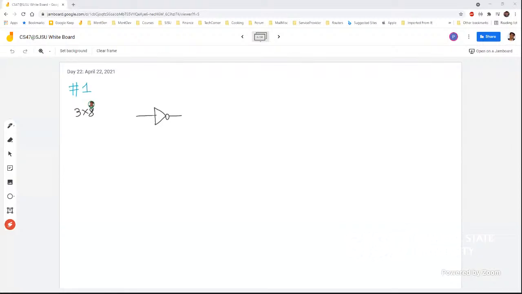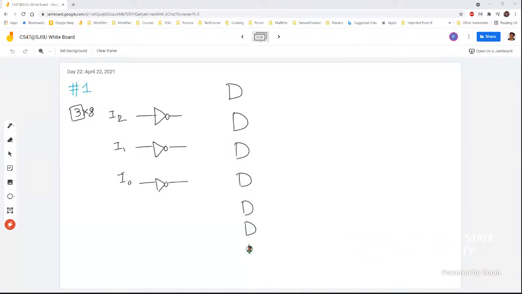So we need 3 inverters for these 3 inputs, let's say I2, I1 and I0, and then we need 8 AND gates to combine the output from the inverters and the original inputs, all these outcomes in different forms.